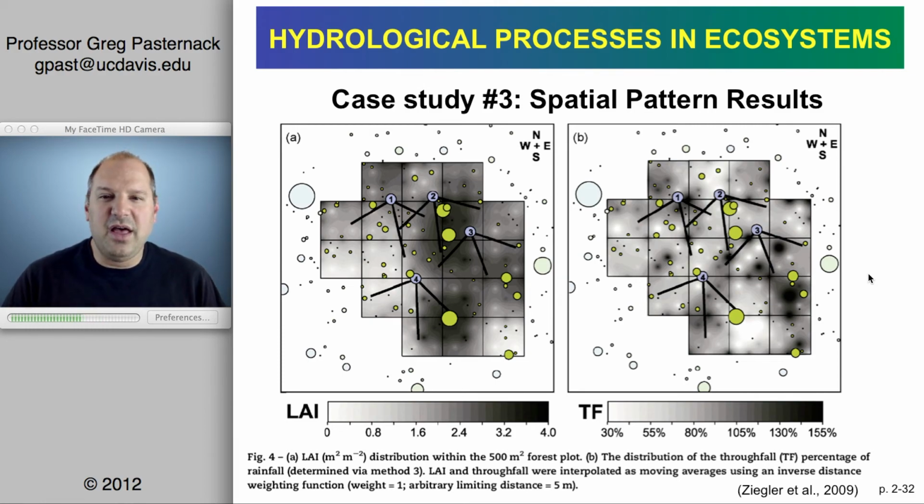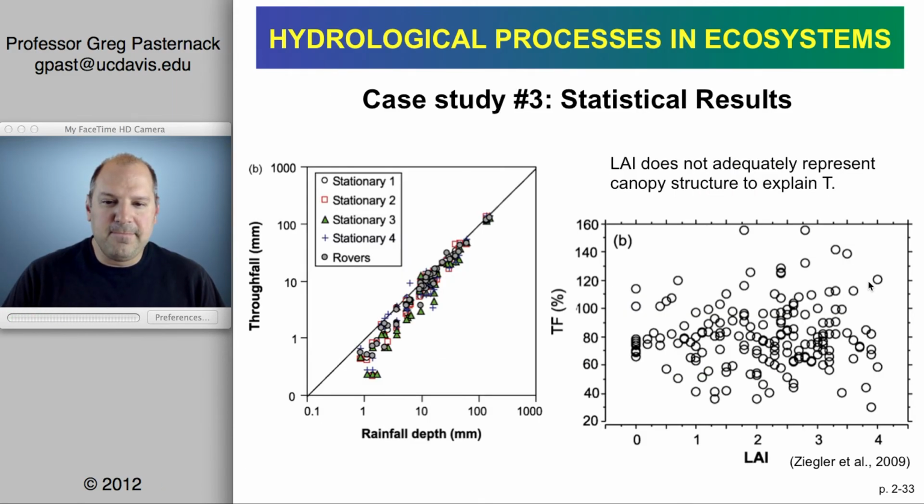So that's a graduate level course that we have in our program, but it's not so easy to do. Throughfall, of course, does increase as a function of rainfall depth. Note that this is a log-log plot, so showing wide range of both rainfall and throughfall. And this is like the plot I showed for the very first lecture, just introducing basic concepts in math.